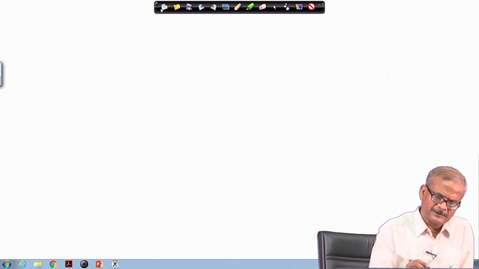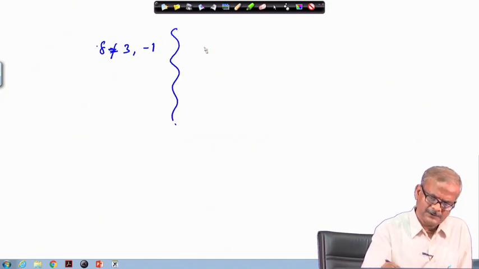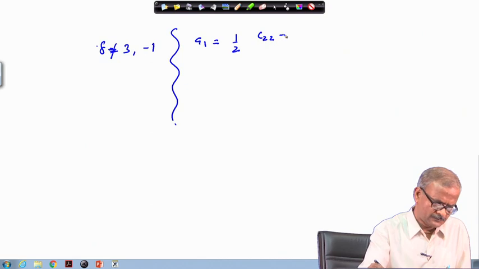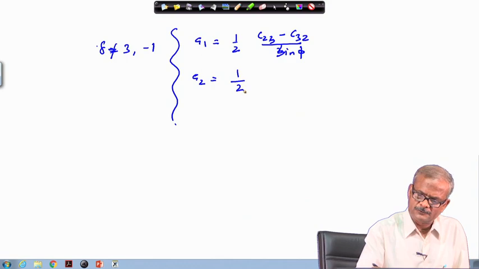And in the same way, you can define, if delta as earlier written is not equal to 3 and minus 1, in that case you are defining this A 1 as 1 by 2 C 2 3 minus C 3 2 by sin phi, and so on, 1 by 2.